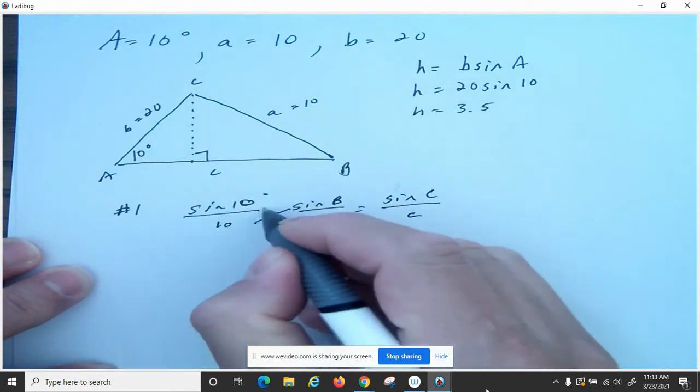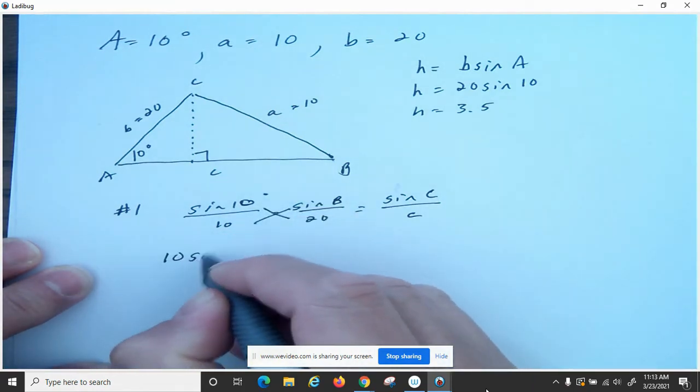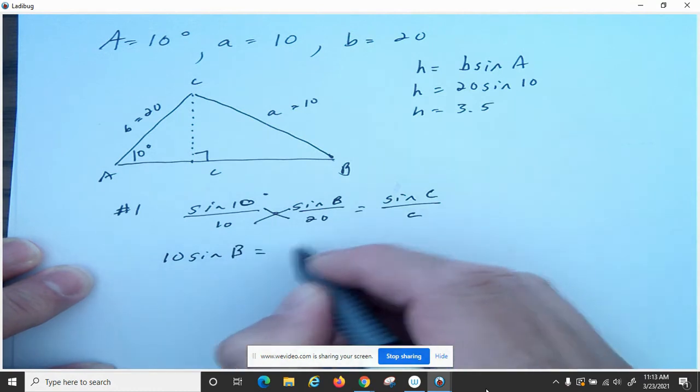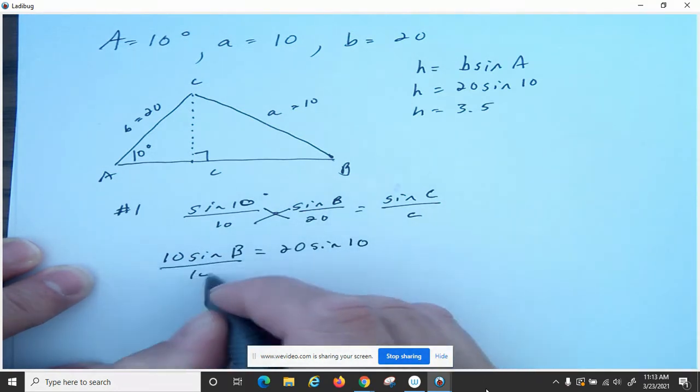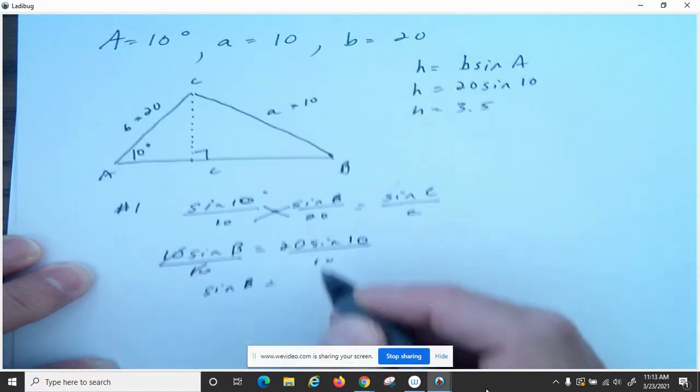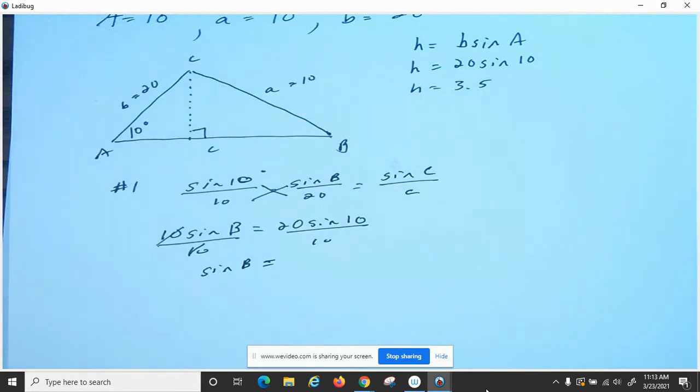So let's cross multiply here. And the sine of angle B will be equal to 0.3473.